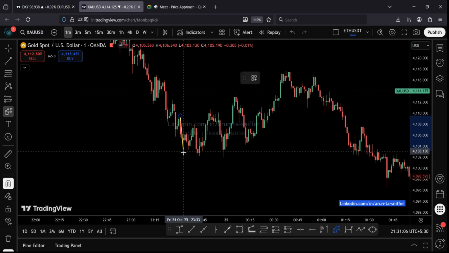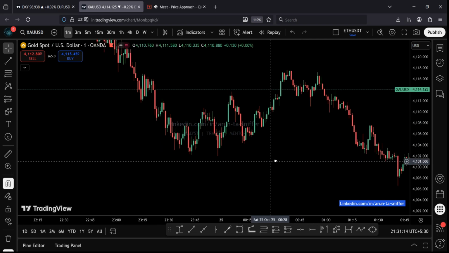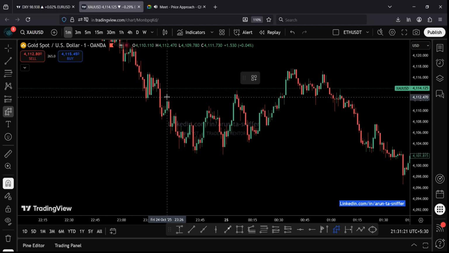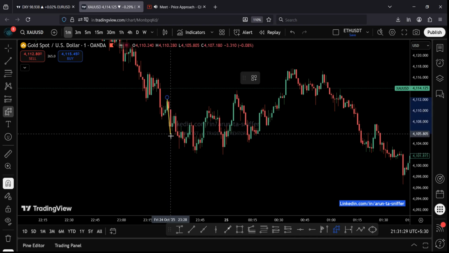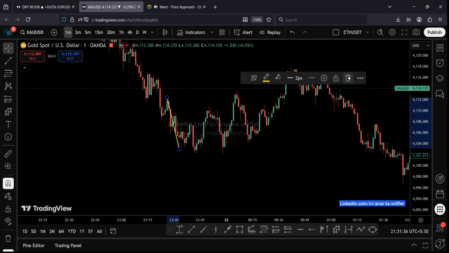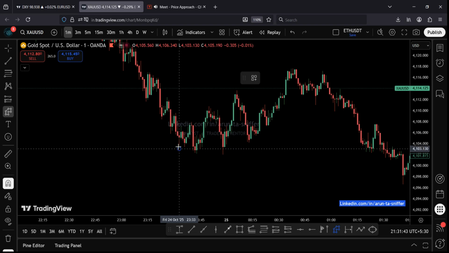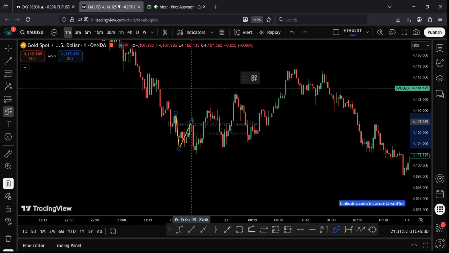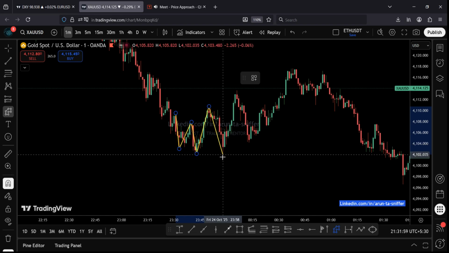Price makes a low. Makes a low, then makes a high, then makes a lower low, then makes a higher high, and then again makes a lower low.